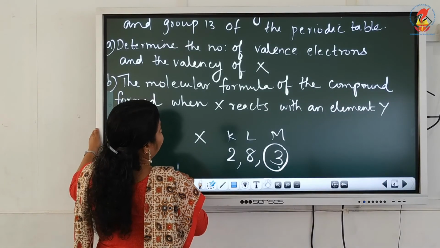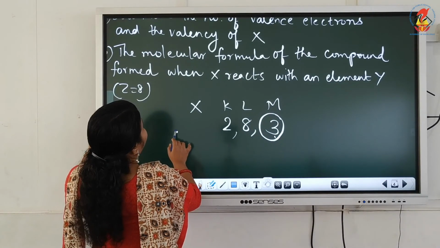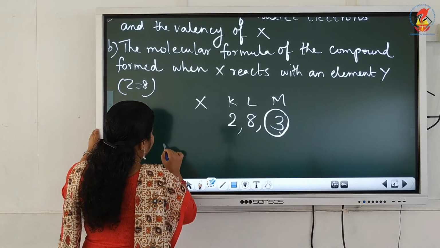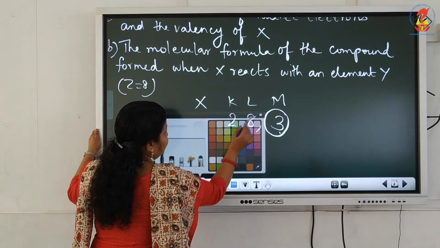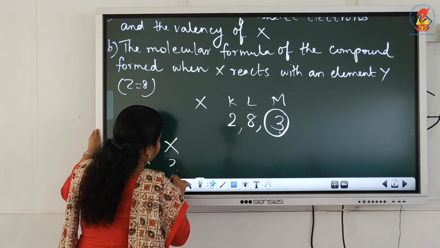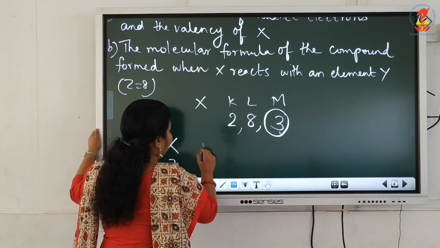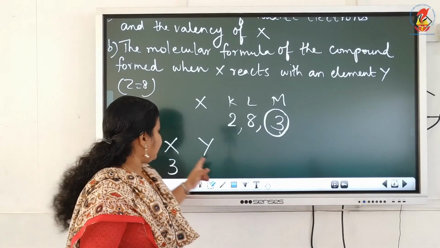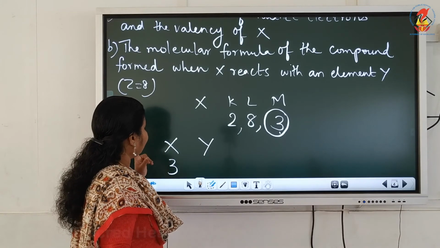Okay. Now, second part of the question. The molecular formula of the compound formed when X reacts with element Y. So, we have our X. What is the valency of X? Valency of X is 3. Now, Y. We have learned in 9th standard how to write the formula. So, X has valency 3, write X, below that write its valency.